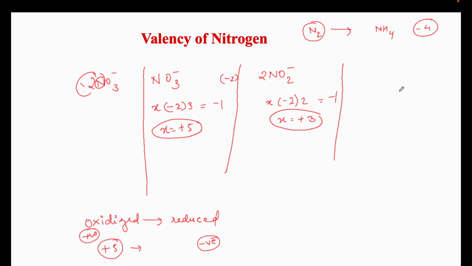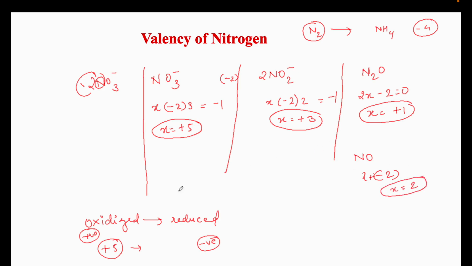Very simple. Then we have N2O. The valency of nitrogen here will be 2X minus 2 is equal to 0, because there is no charge here. So X will be +1. So N2O will have +1. And then finally we have NO. Here the valency will be X minus 2 equals 0, so X is equal to +2.